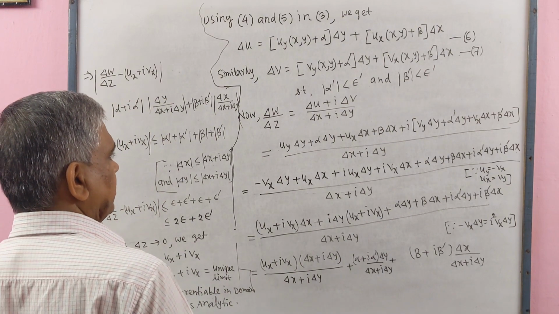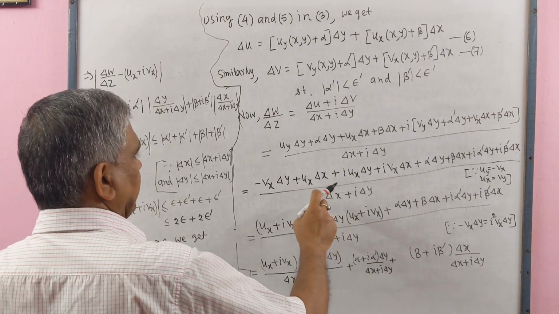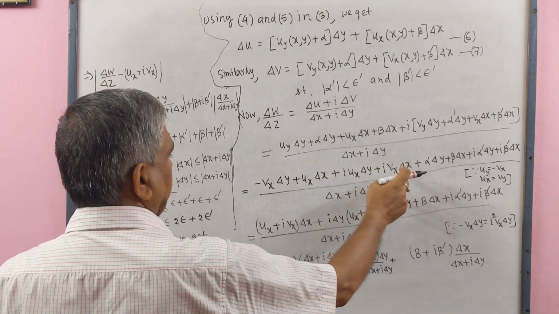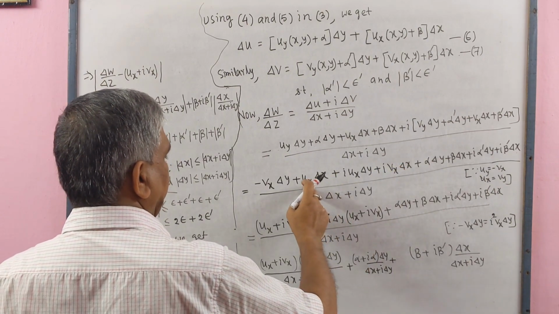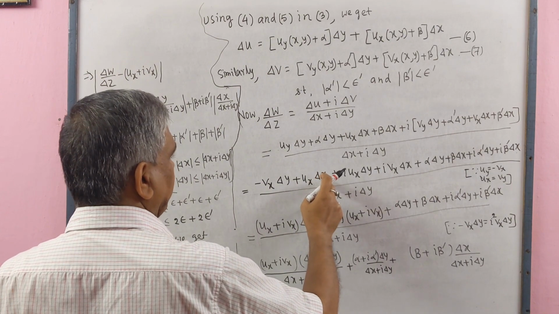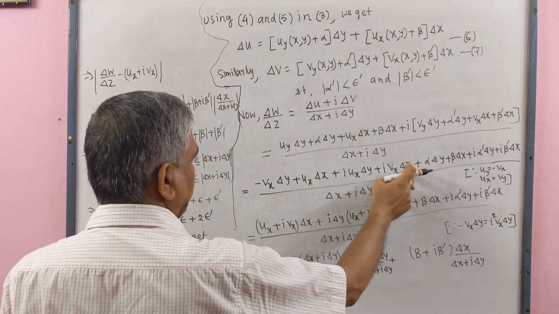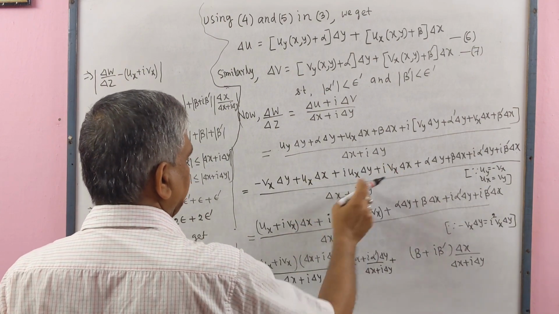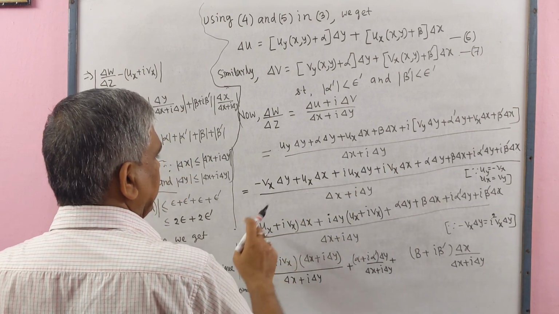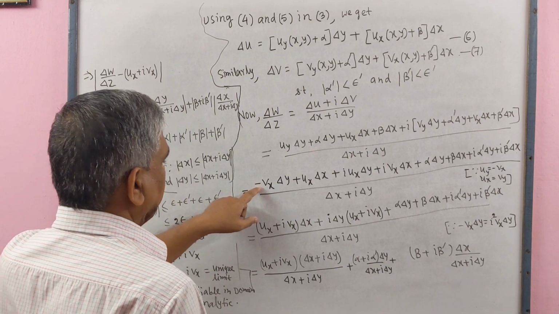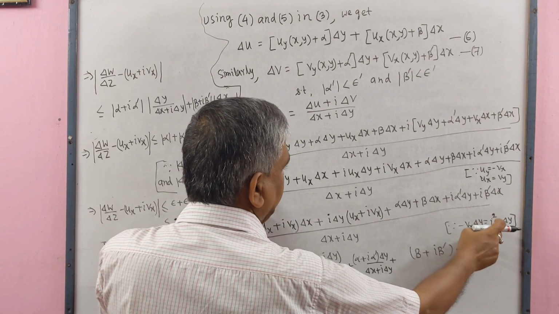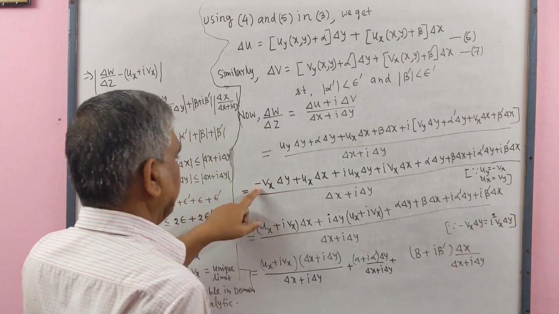Here ux is common from the terms with delta x: delta x times (ux plus i vx). Here minus vx delta y, and for minus 1 we write i squared vx delta y.